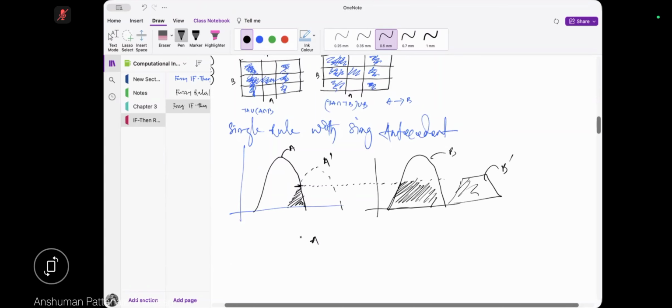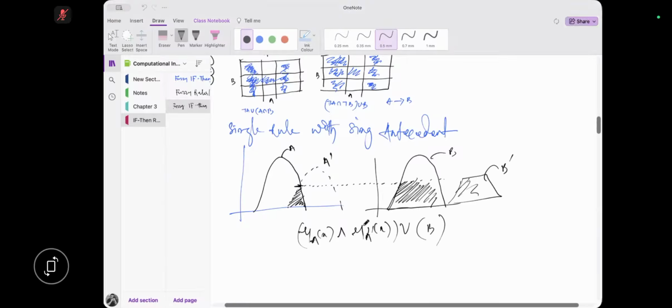So I can write mu A of X intersection mu A dash of X, intersection B. This is the equation. Who got it from the book? Okay.